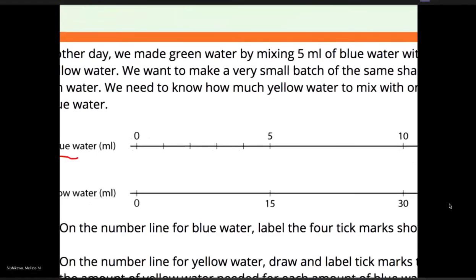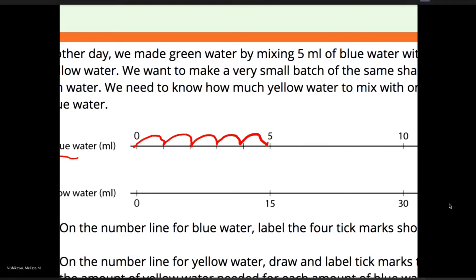Again, whenever we're labeling, what I want you to do is think about fractions. We have 1, 2, 3, 4, 5. So we have 5 units in between, or fifths.